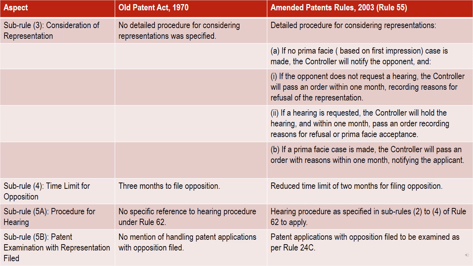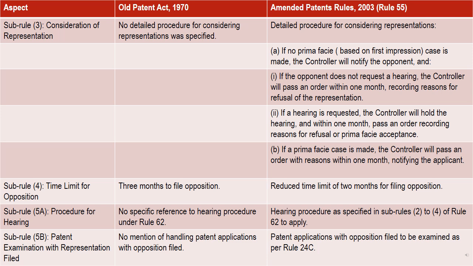Now we will learn the summary of this amendment. What is the summary? First one is a clearer process, meaning a detailed step-by-step procedure is now in place for handling pre-grant opposition. Second one is shorter timelines, meaning deadlines have been reduced to speed up the process. Third one is alignment with post-grant opposition procedures.